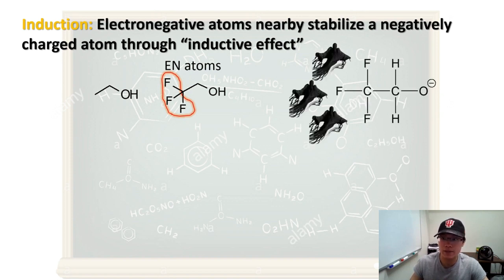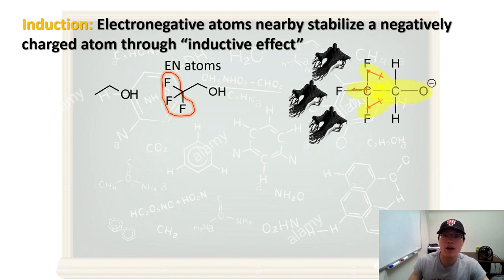And so it works like this. The negative charge right now is on oxygen. By the way, I just drew the conjugate base of trifluoroethanol right here. So it looks like that. Okay, so what's going on here? The negative charge has electron density right there. The fluorine right here will suck electron density out of oxygen, basically stabilizing the charge.